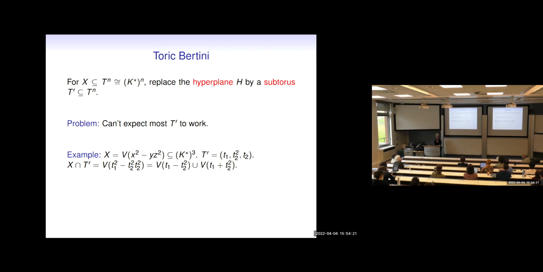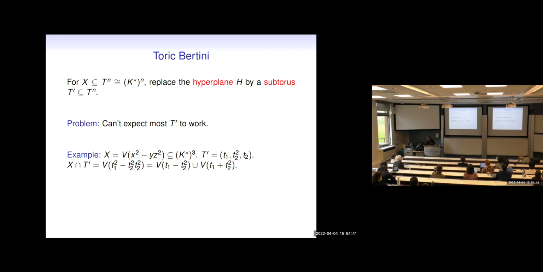I'm just substituting in x1 is t1, x2 is t2 squared, x3 is t2. So you get the variety of t1 squared minus t2 to the fourth, which we can all see is a difference of two squares. It's going to decompose as a union of two curves.